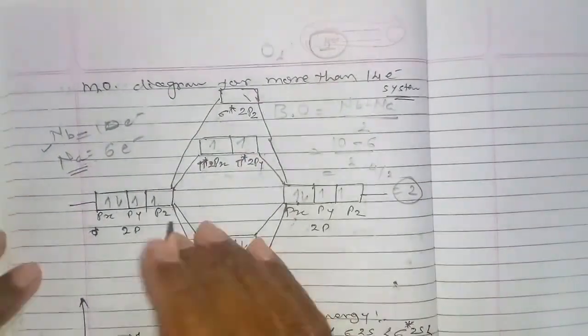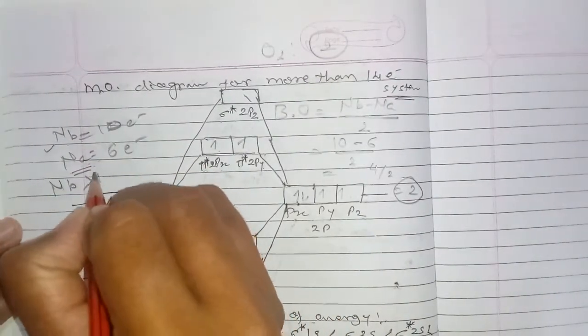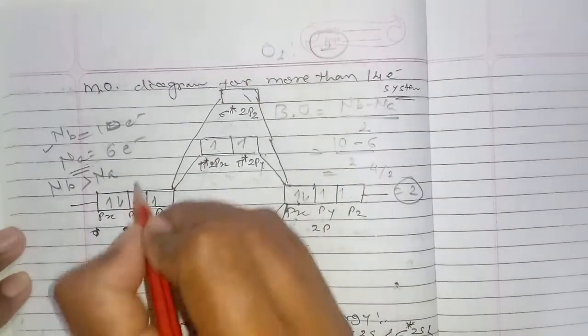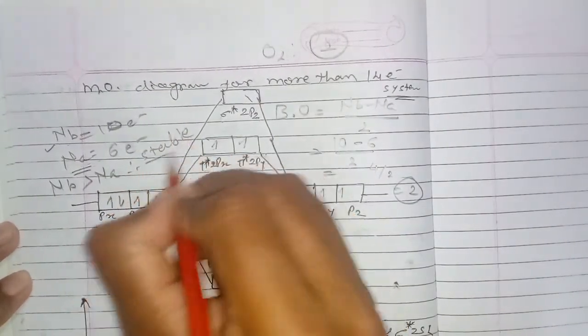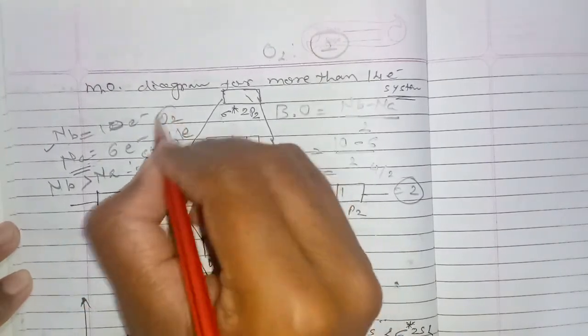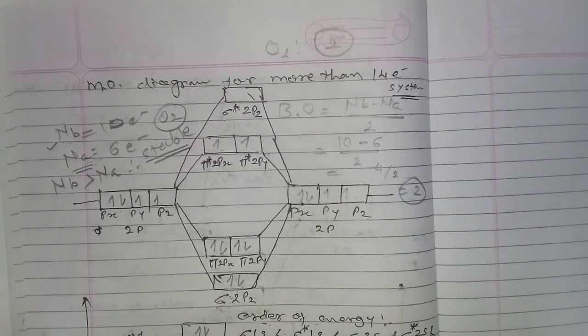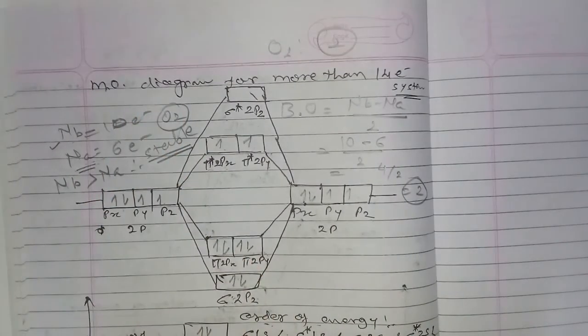And the second thing is that Nb is greater than Na, and therefore the oxygen molecule is stable. Okay, this is the concept of the molecular orbital diagram, and next time we will discuss another topic. Thank you very much.